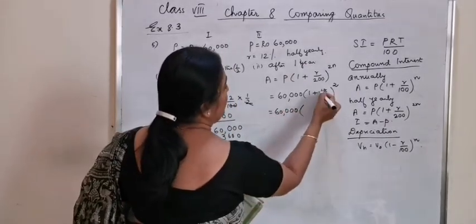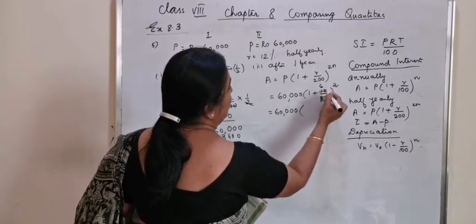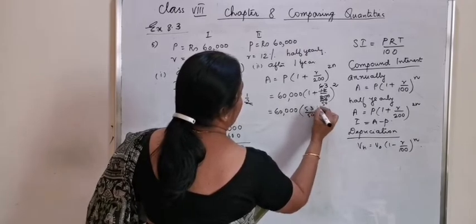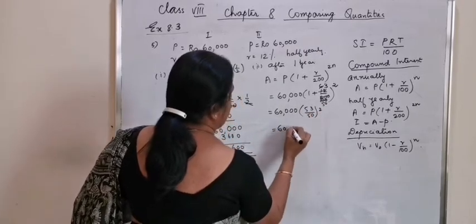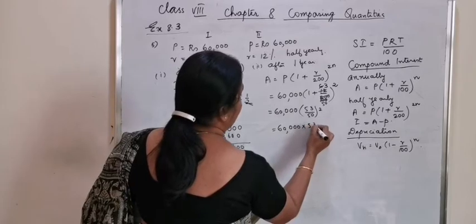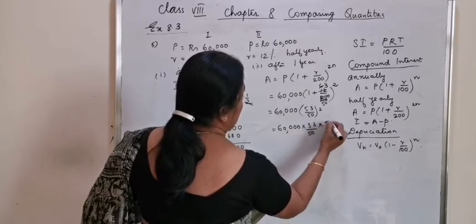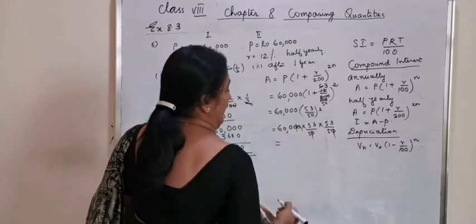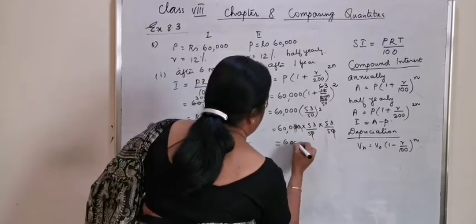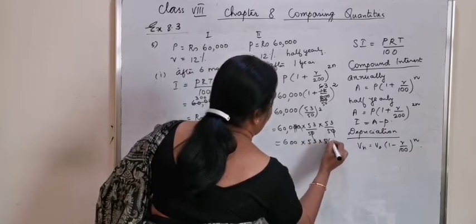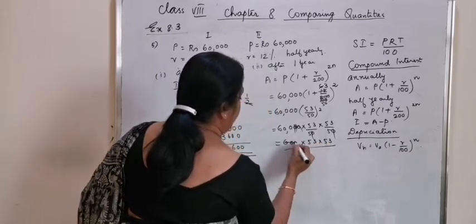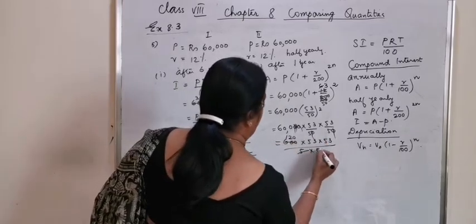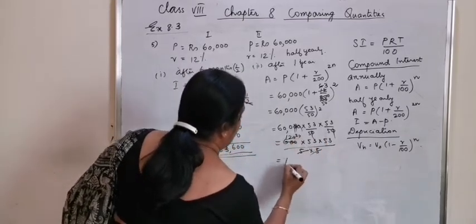Which is 60,000 into (1 plus 6 by 100), again by 2, 3 by 50, or 53 by 50, to the power of 2. 60,000 into 53 by 50 into 53 by 50, 600 into 53 into 53 by 5, 120 by 5 or 24.